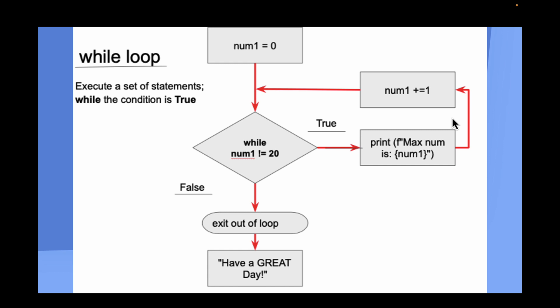So while the condition is true, we're going to do some kind of activity, and then we're going to increase the value. For example, num1 plus equals 1 increments by 1 and keeps on going. Once the condition is false, it exits out of the loop.